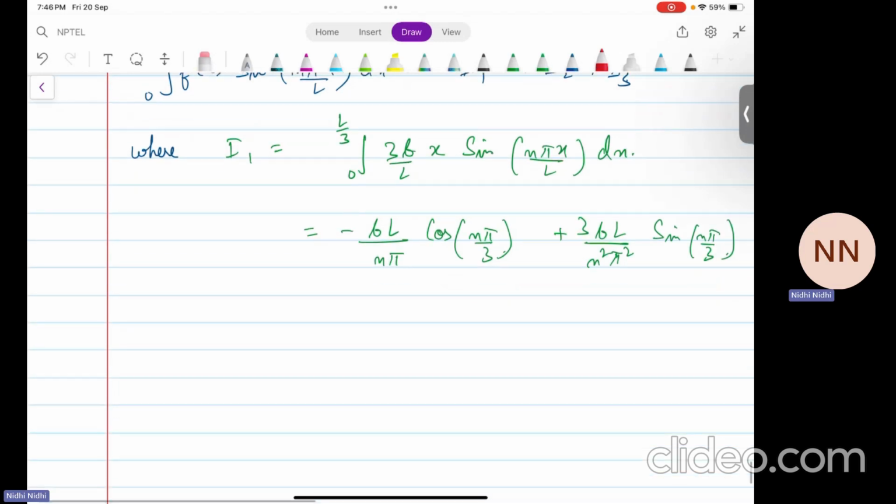Then you have I2 is equal to integration L by 3 to 2L by 3, (3b − 6b by L x) sine(n pi x by L) dx.